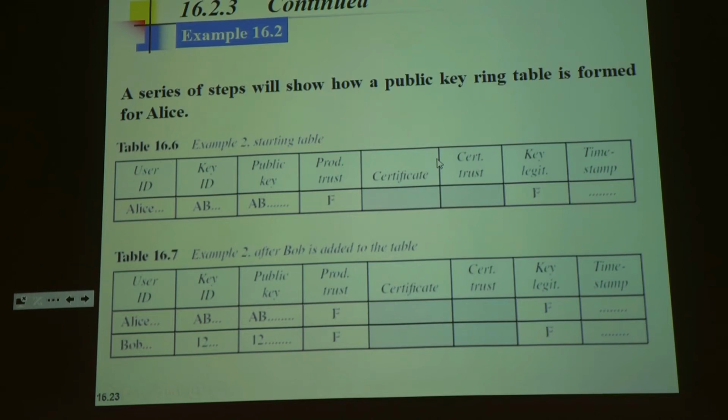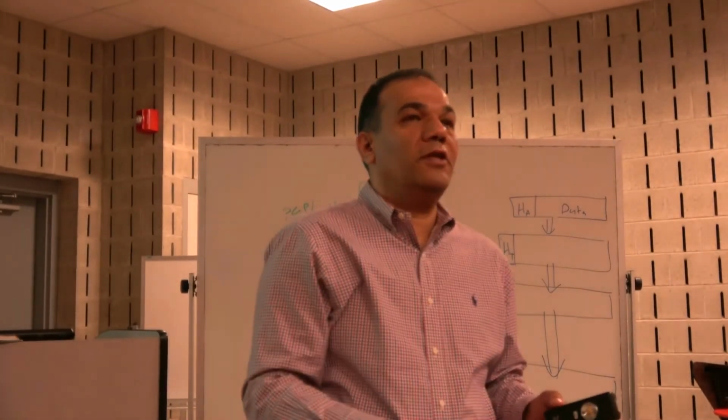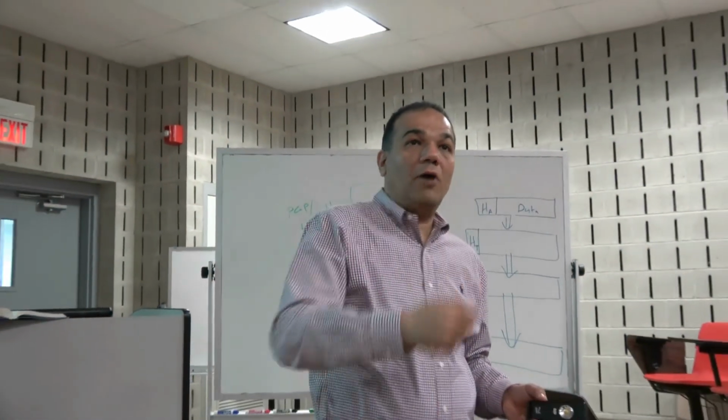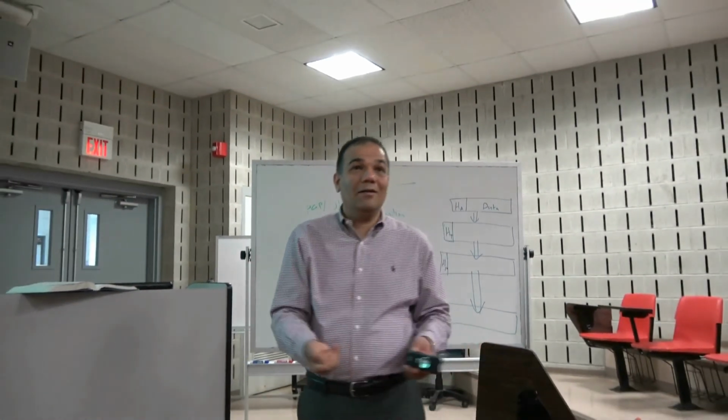Now, after that, what will happen? Alice adds Bob. So that's herself, and that's Bob: the key ID, the public key, trust full, and legitimacy full. She could have gotten this key directly from Bob. She met Bob, Bob gave her the key, so she put it in the table, and it's full trust because she knows Bob gave her the key.